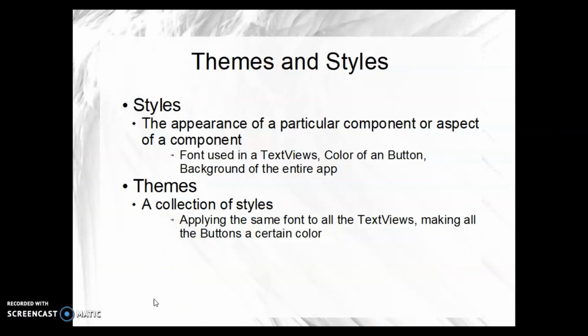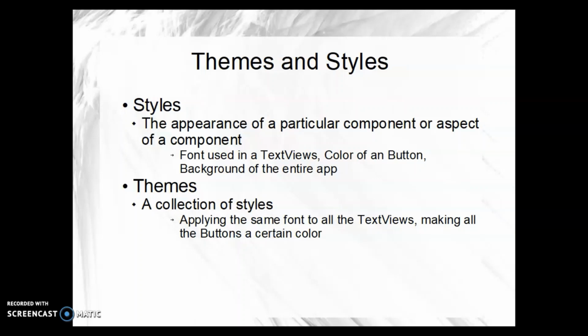So the topic for tonight is themes and styles. A couple of vocabulary terms to start out here. A style is how a particular thing looks. Making a button blue, or using Times New Roman font in a text view.